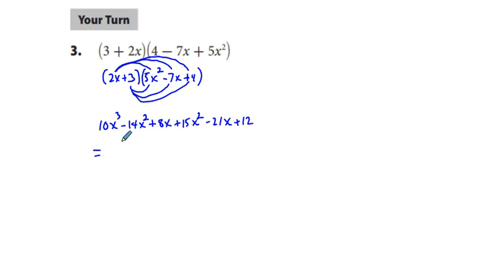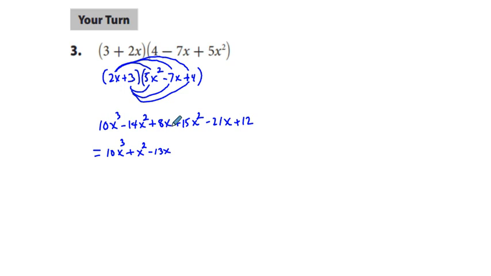And the last thing we do is combine the like terms. The first term, 10x cubed, and the last term do not have any combinations, but for these other ones, we have negative 14x squared plus 15x squared. That's going to end up as x squared. Then we have 8x minus 21x. That's going to be negative 13x.